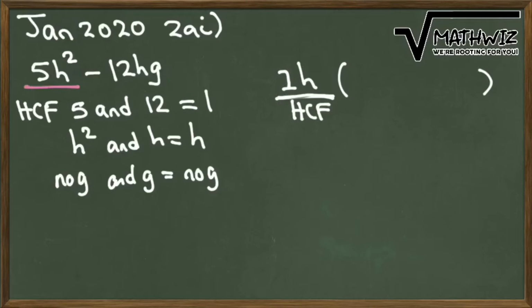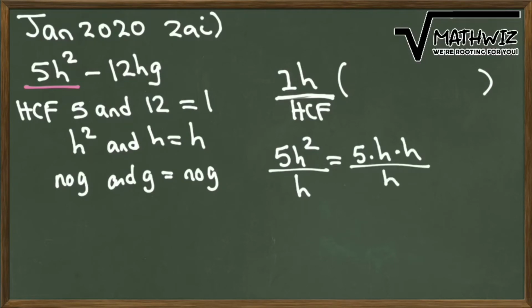All right, so then the 5h squared, we put it over 1h, or I'll just put h. So this is 5 times h over h. So the h is cancelled, and what's left over is 5 times h, which we represent as 5h.